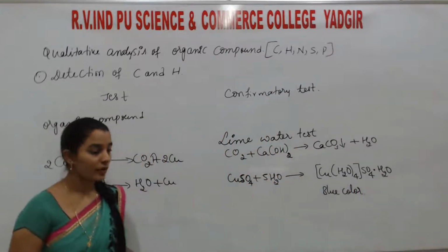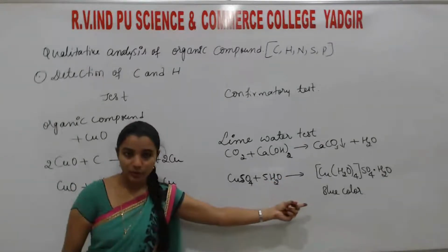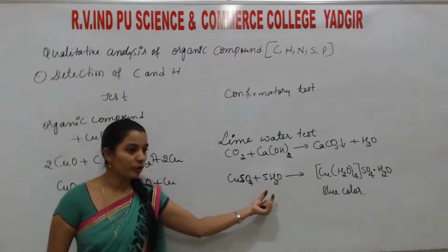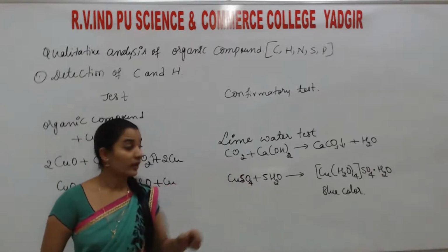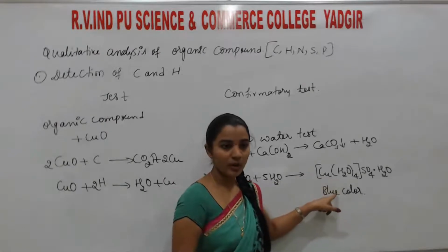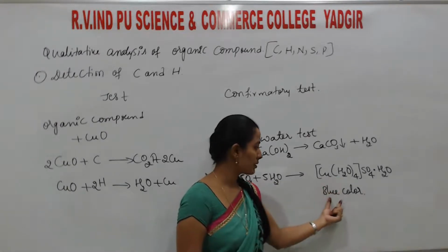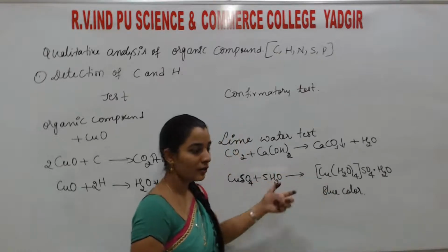So when you add copper sulfate, if the solution turns blue, that confirms the hydrogen is converted into water molecule. They form a complex, and the color of this complex is blue. This is the confirmatory test.